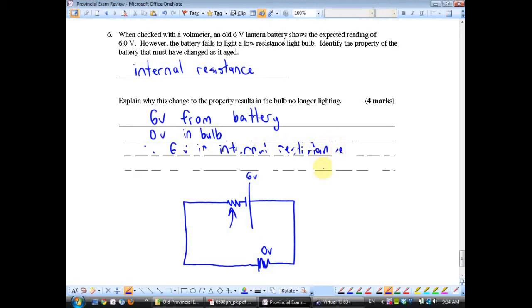Voltage is what times what? V equals what times what? V equals I little r. That's what we call the internal resistance.